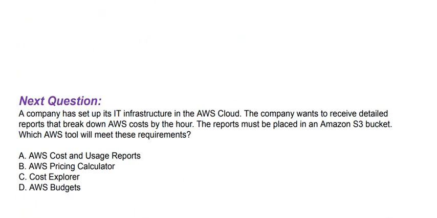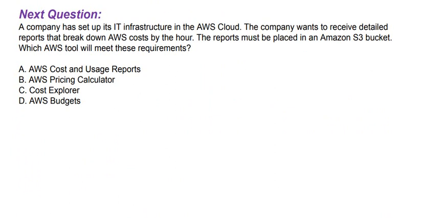Next question is, a company has set up its IT infrastructure in the AWS cloud. The company wants to receive detailed reports that break down AWS costs by the hour. The reports must be placed in an Amazon S3 bucket. Which AWS tool will meet these requirements?